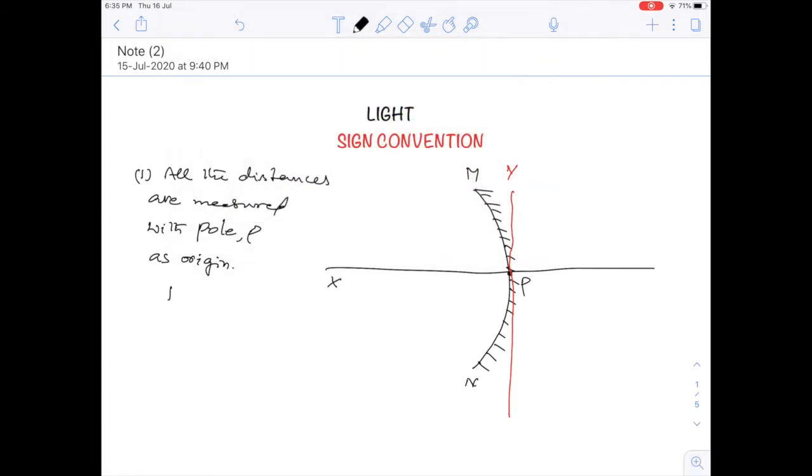The principal axis is the x-axis, and the line passing through the pole perpendicular to it is considered as the y-axis. So, this is our x-axis and this is our y-axis, with the point of intersection as origin, denoted as pole.